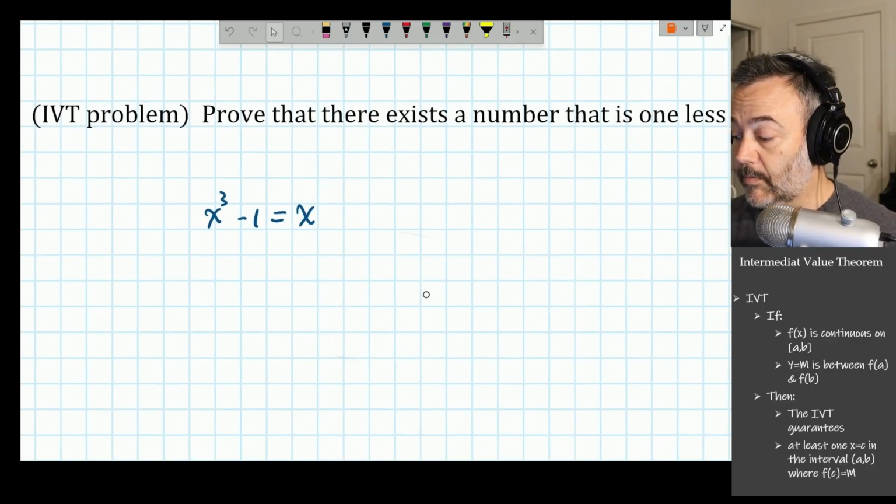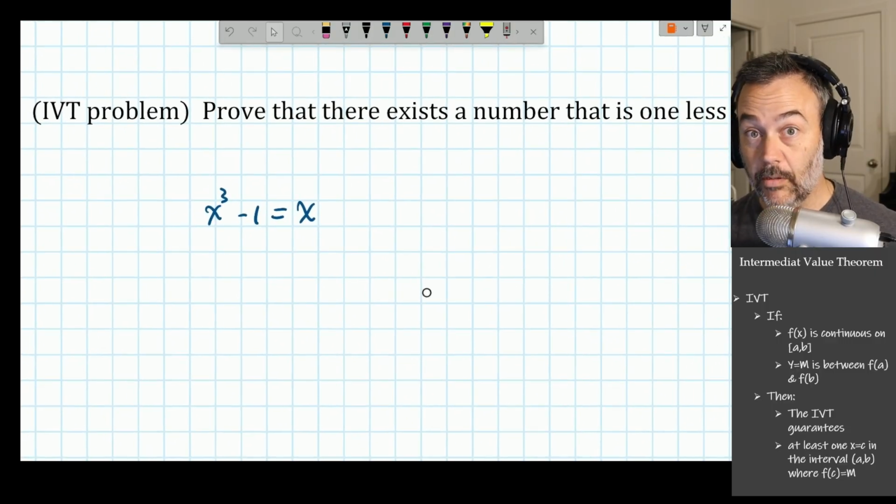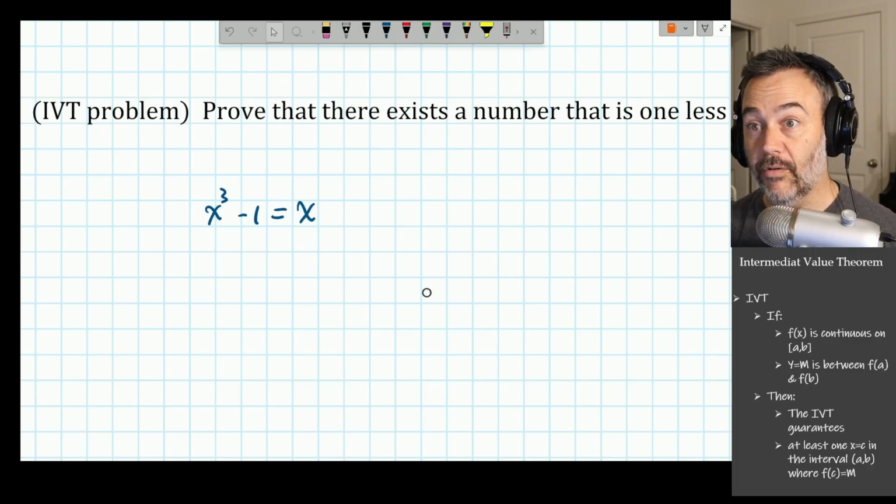Notice the problem says prove that there exists a number. Whenever you see a question that asks whether there is a number in an interval that satisfies something, that is saying prove that there is one. It doesn't say find one, and it doesn't say actually solve it.